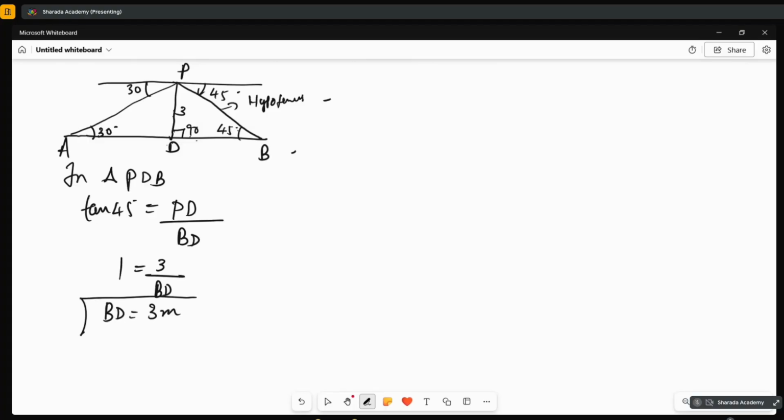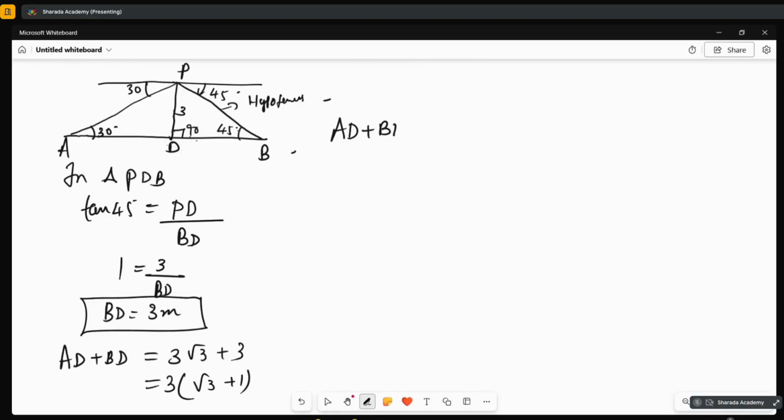And what is the width of the river? That is AD plus BD. So it is equal to 3 root 3 plus 3. That is, if I take 3 common, 3 into root 3 plus 1. So AD plus BD is equal to 3 into root 3 plus 1, which is 1.73 plus 1, so 2.73. Then multiplied by 3, it is 8.19 meters.